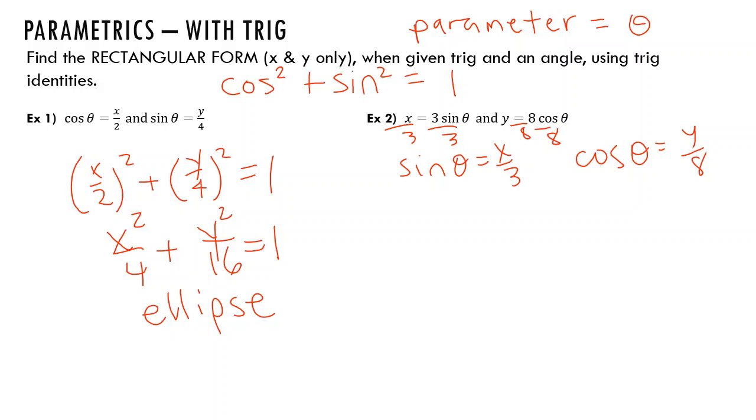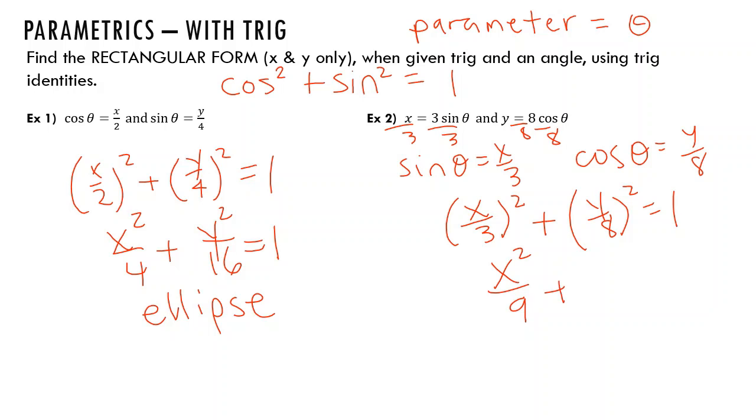And you're going to do the same thing. You're going to do x over 3 squared. It doesn't matter the order. Sine, cosine, they're going to come out the same anyway. Plus y over 8 squared equals 1. And again, x squared over 9 plus y squared over 64 equals 1. And you get another ellipse.